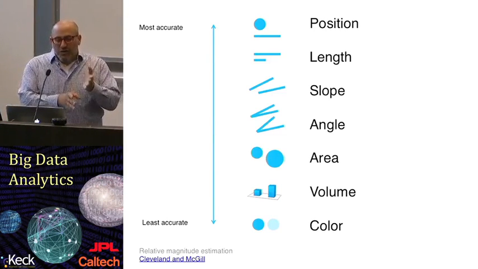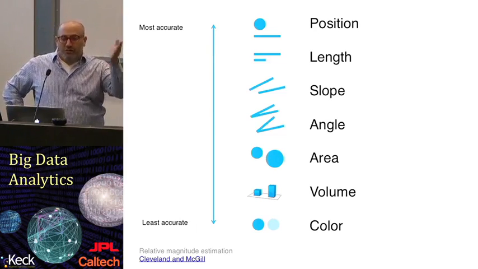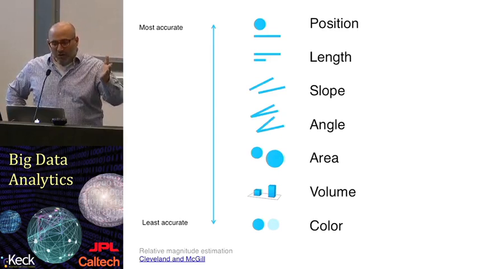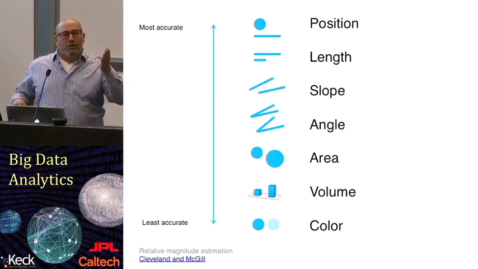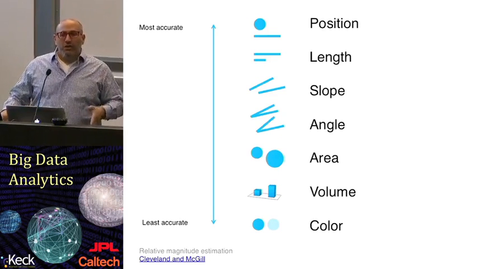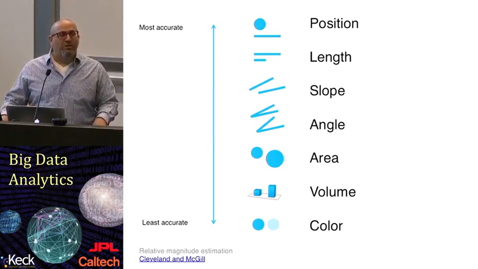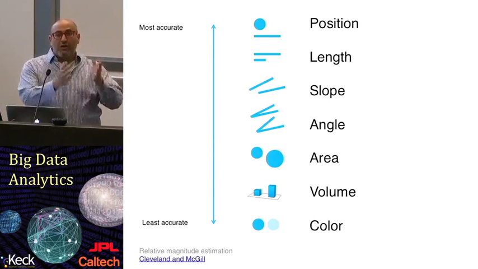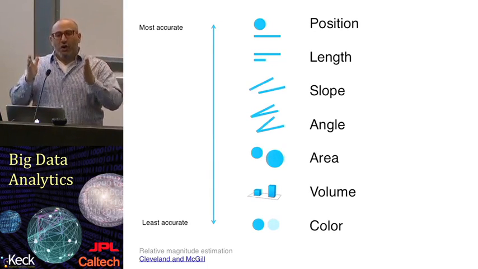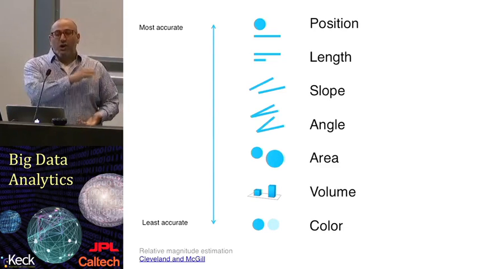Position is a much clearer difference to the human mind than color. So when you are making a visualization, the variables that are the most important are often best mapped to position and length rather than color, because it's hard for the human mind to perceive differences in color.